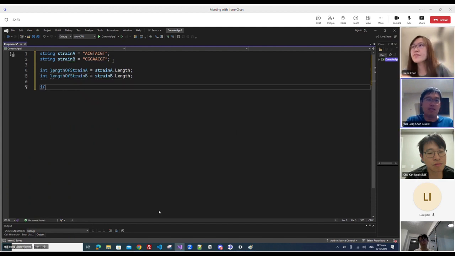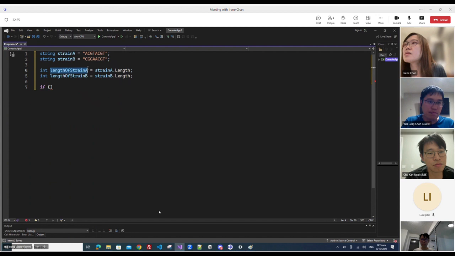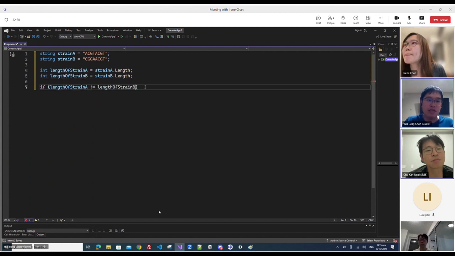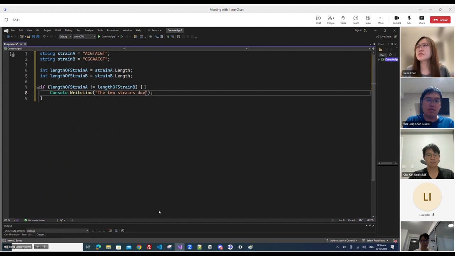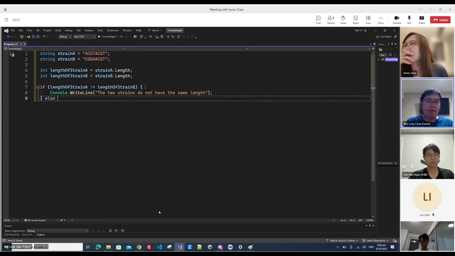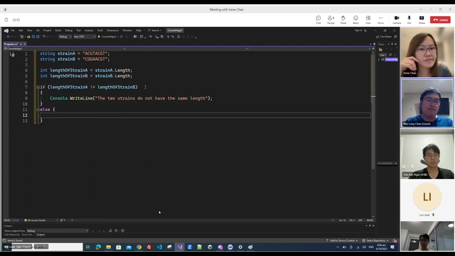Then we compare if they are not equal, and then we can say they do not have the same length. So it's done here, and else, if they have the same length, we have to use a loop, I think.